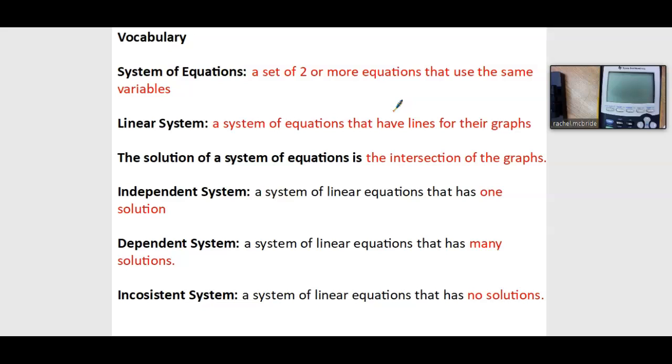So what we're mainly going to focus on are linear systems. Linear systems are systems of equations that have lines for graphs. So that's why a lot of your review had to deal with lines and inequalities.